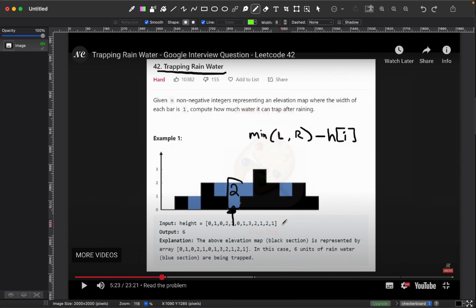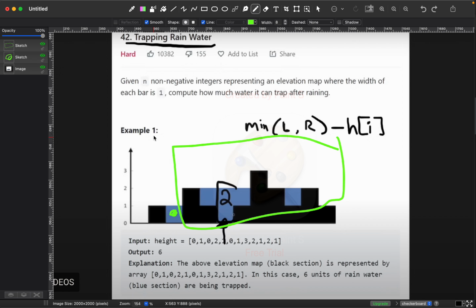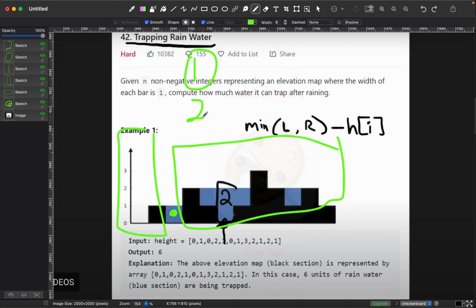What I feel is that when you're calculating this, you're actually accounting for the max of this entire place and this entire place. I'll call it phase one. Phase two is taking the minimum of this and this.